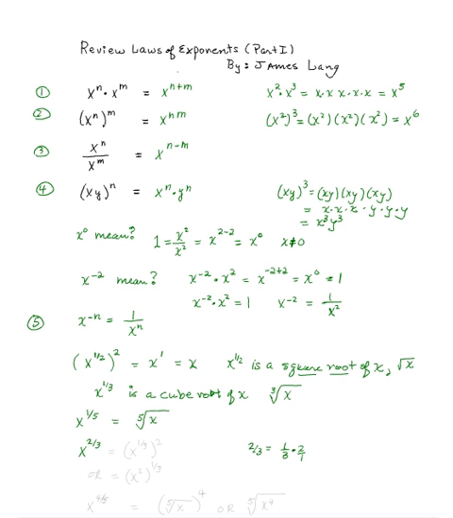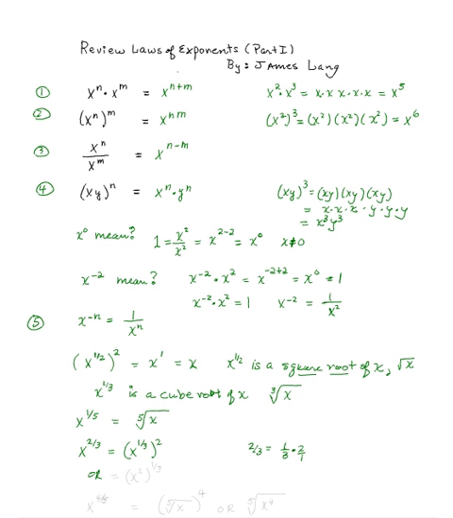But that means that when we get x to the 2/3, it could have come from taking x to the 1/3 and then raising that to the 2 power, because law of exponents number 2 up at the top of the page says that when you raise a power to a power, you multiply the exponents. So x to the 2/3 has to be the same as x to the 1/3 squared.